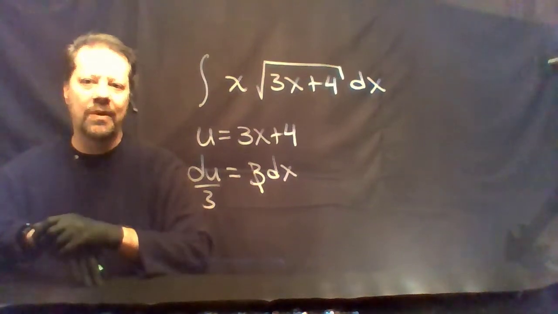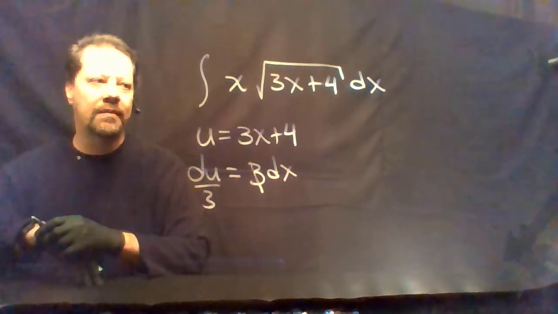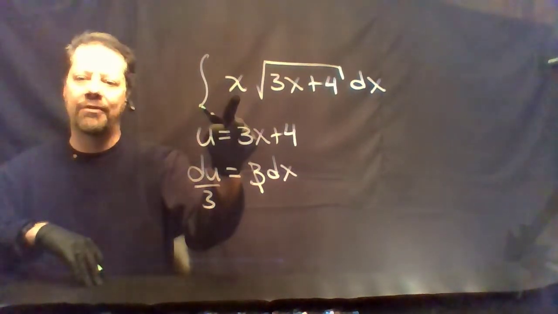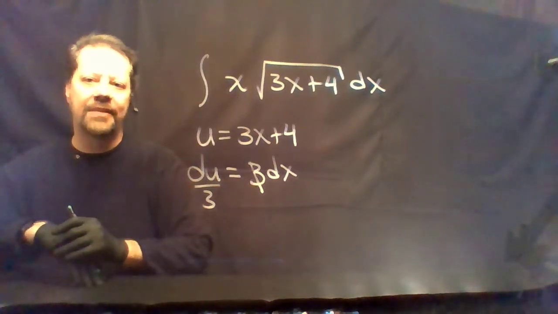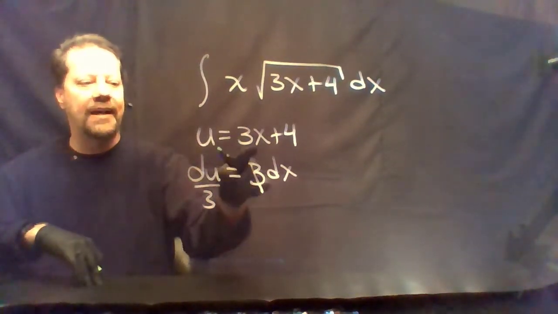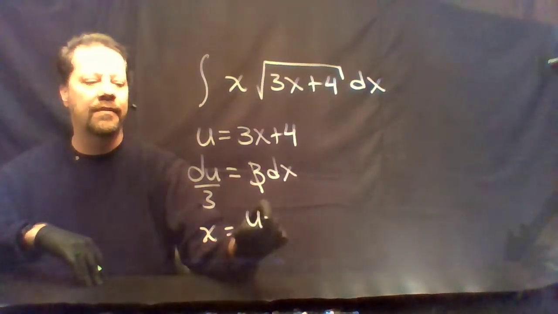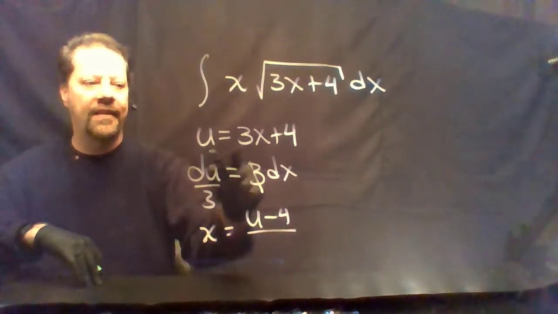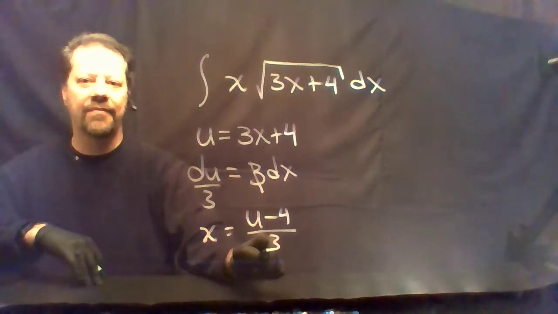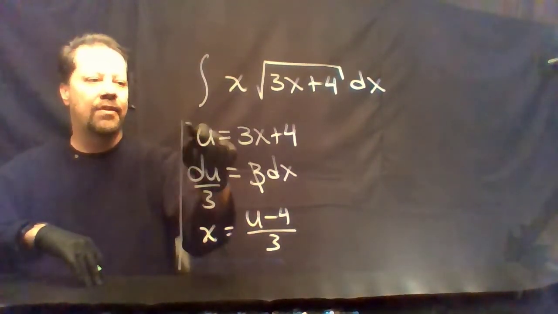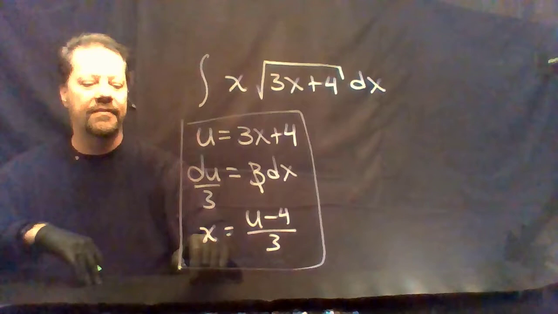But we need to do one more thing before we go on. We need to figure out how to replace x with something involving u. To do that, we'll solve for x here. We'll move the 4 over, and then divide the 3 off. These are all part of the side computation.